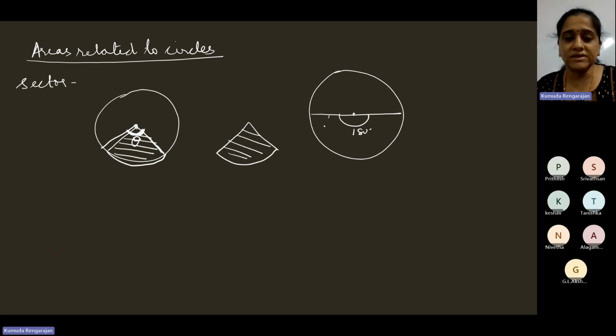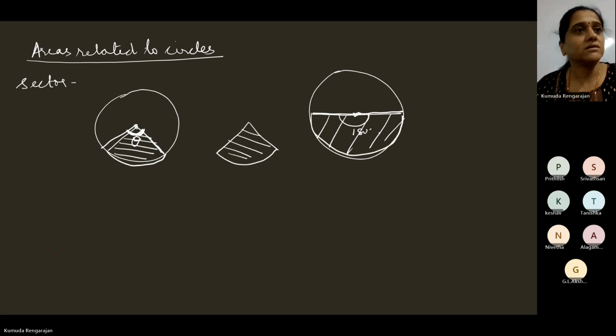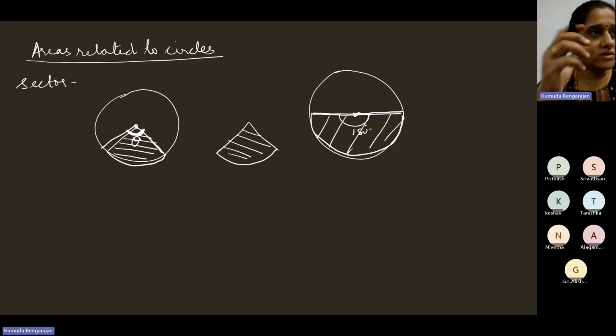Can you see? Now this is a sector. Why is this a sector? Because here, two radii and an arc. If a region of the circle satisfies the definition of a sector, what is the definition? It should be a region of the circle enclosed by two radii and one arc. Any piece of the circle satisfying this definition is a sector.